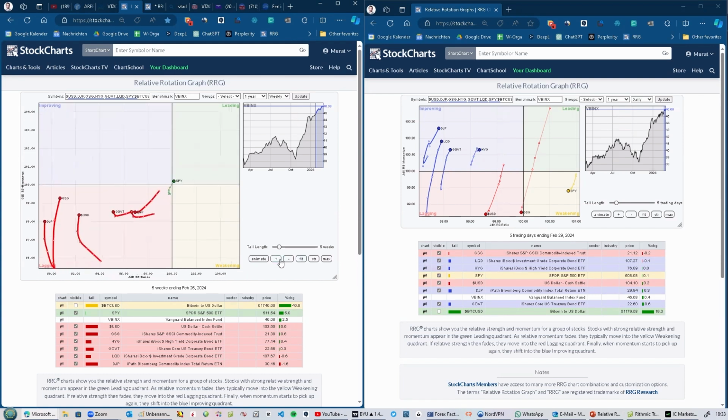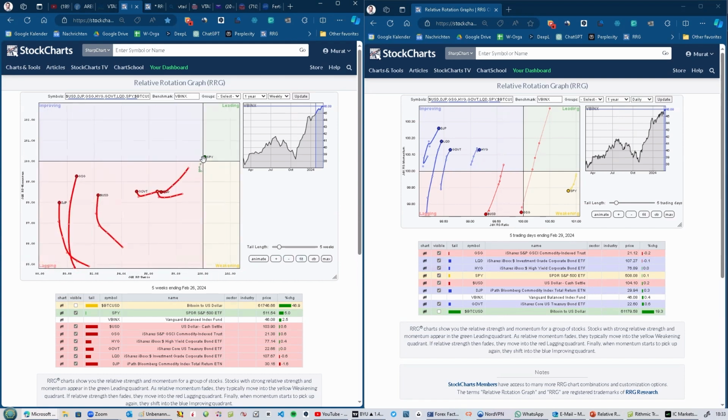And then you can see that we have on the right side, with the small point, the S&P. That is a proxy for the stocks. And we measure this against the VBINX, which is a Vanguard Balanced Index Fund, an ETF built out of 60% stocks and 40% bonds.